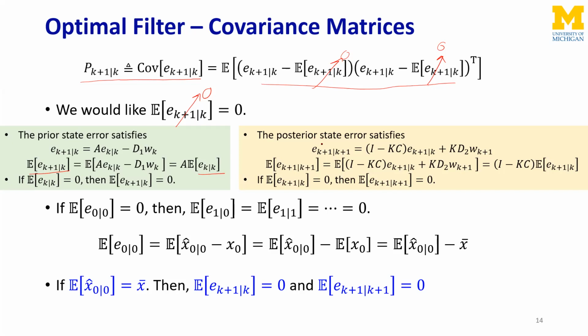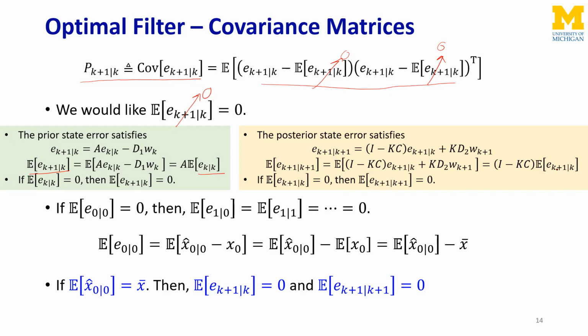Now we move on to the posterior error equation. The posterior state error satisfies this equation. And again, I'm going to take the expected value. The expected value of W_{k+1} is going to be 0, which means that the expected value of the left-hand side is going to be this constant matrix times the expected value of this term.